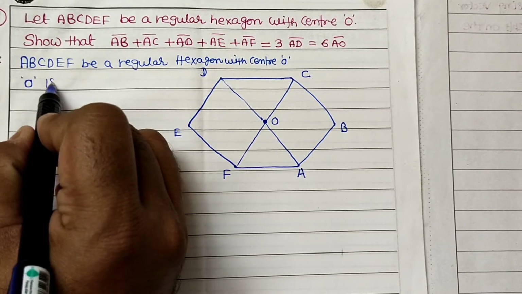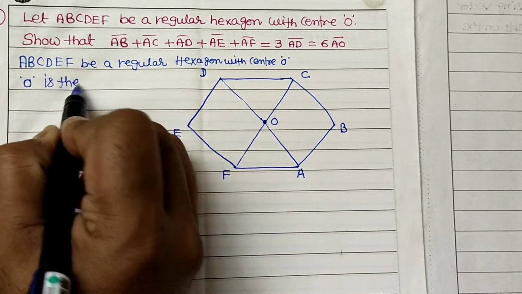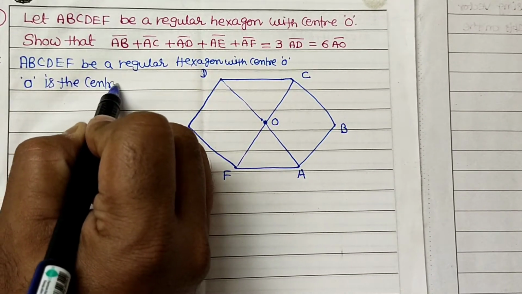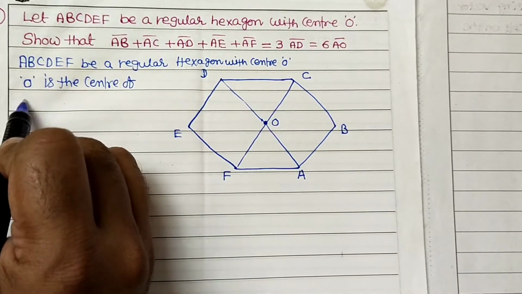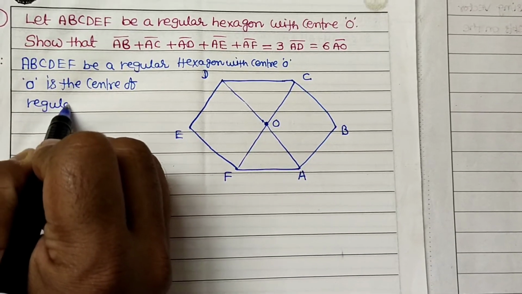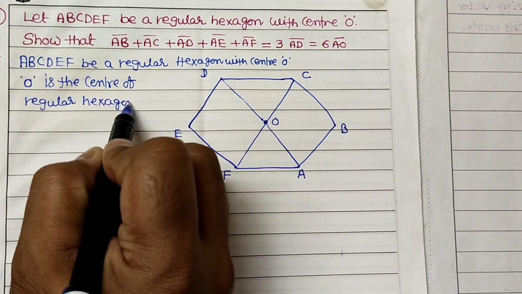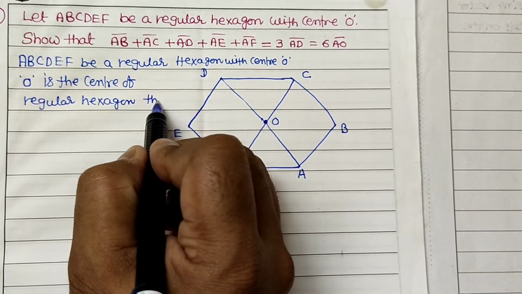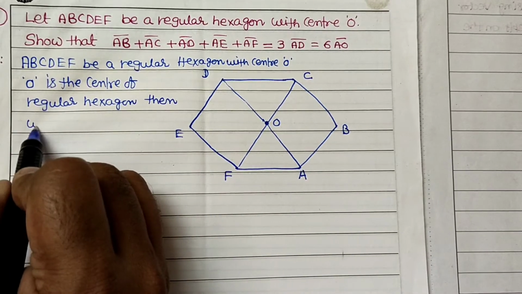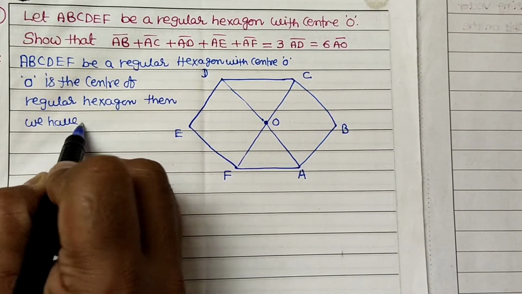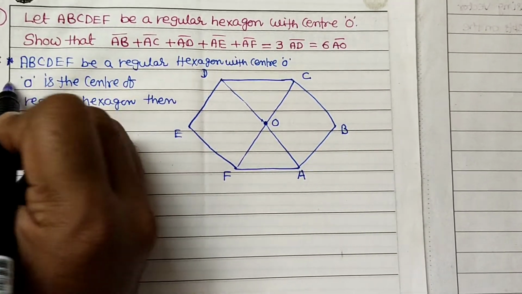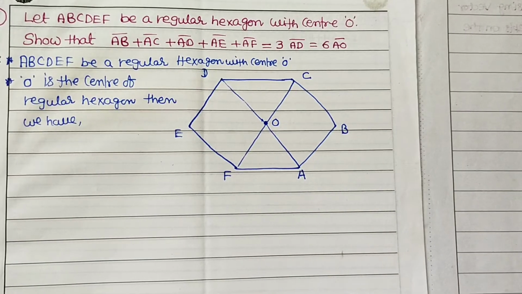Since O is the center of a regular hexagon, then we have this is the first point, this is the second point.